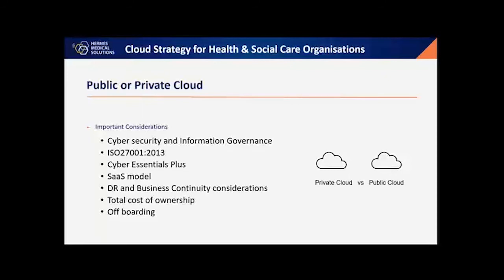And the service should represent great value for money using the simple metrics of total cost of ownership, cost of onboarding and offboarding. And the nature and basic features of the cloud service should mean that it's more cost effective and reliable than trying to do it all yourself in-house.